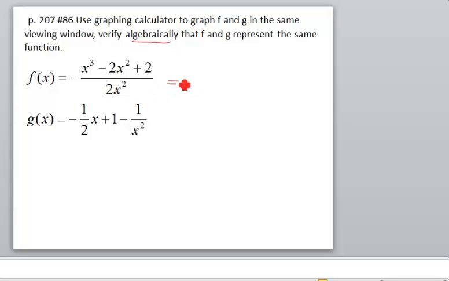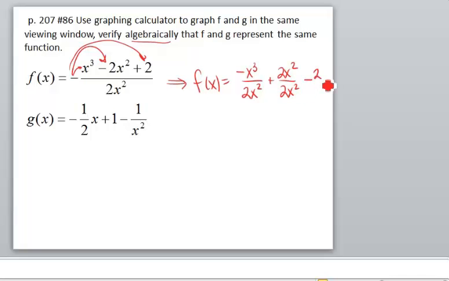So I'm going to rewrite f of x, and I'm going to divide each of these off. So I have a negative x cubed over 2x squared, and then this negative actually goes all the way through here. I'm going to make sure I distribute it. So I have a positive 2x squared over 2x squared, and then a negative 2 over 2x squared.